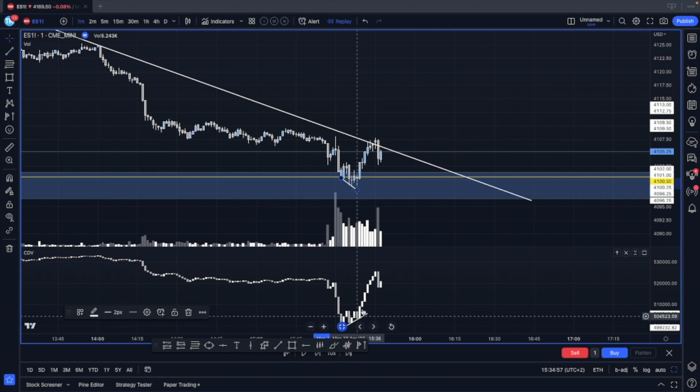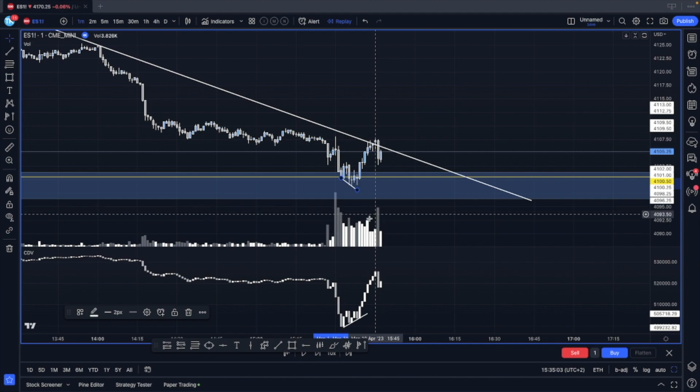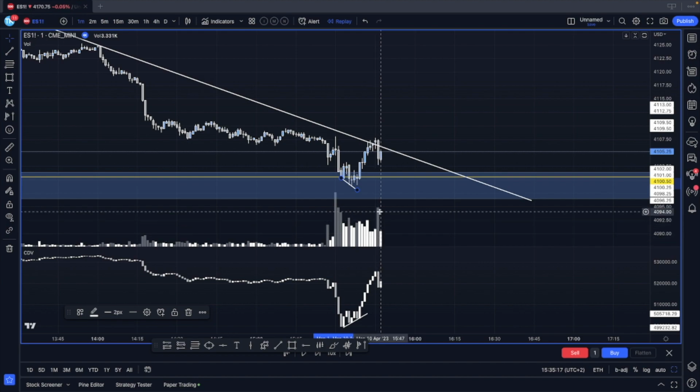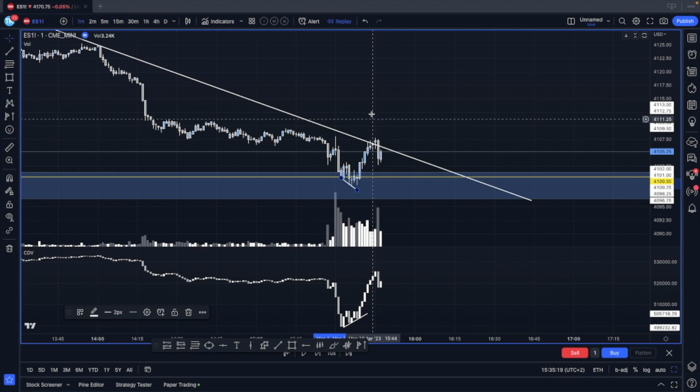Okay, it means that buyers are taking control. Okay, but as you can see, look at this indicator, volume indicator. You see this bar is clearly on the bearish side. Okay, I want to see something like this on the bullish side.